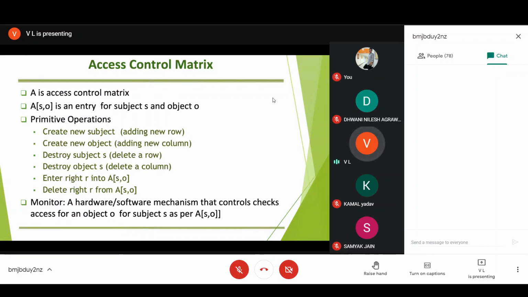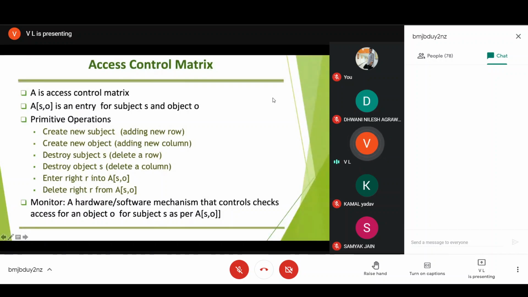So when an object is deleted, then the corresponding column would be deleted. Then if you are entering a right, so if a particular right is allowed, a particular privilege is allowed, a particular access is granted, then there will be a modification to the respective cell.